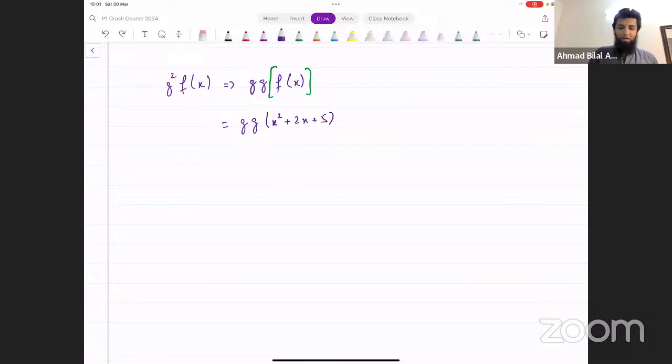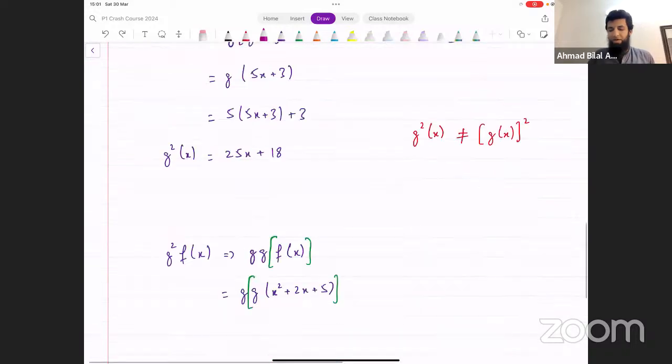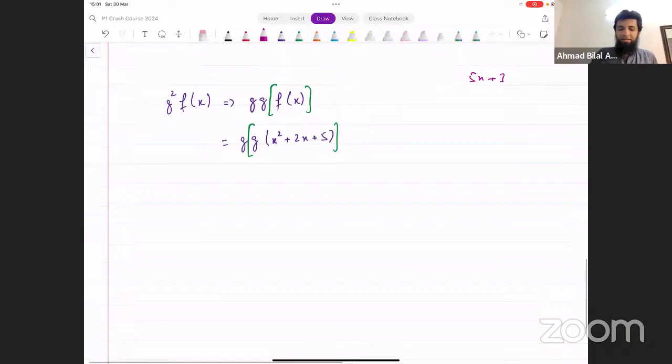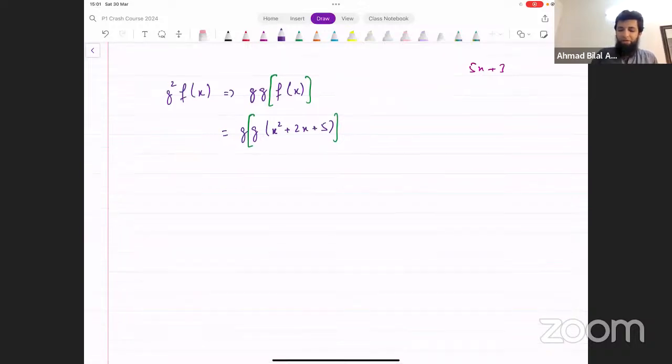Now, what happens after this? Now we look at the next function that's applying. Now inside this function g, we have to input x squared plus 2x plus 5. Now, what was the function g? The function g, let me write that on the side here, was 5x plus 3. Now, inside that function g, we have to input this thing.